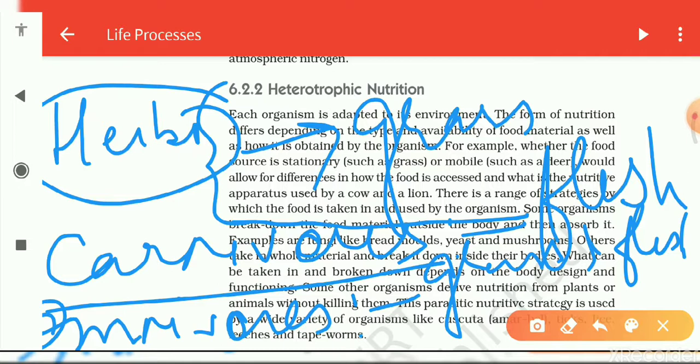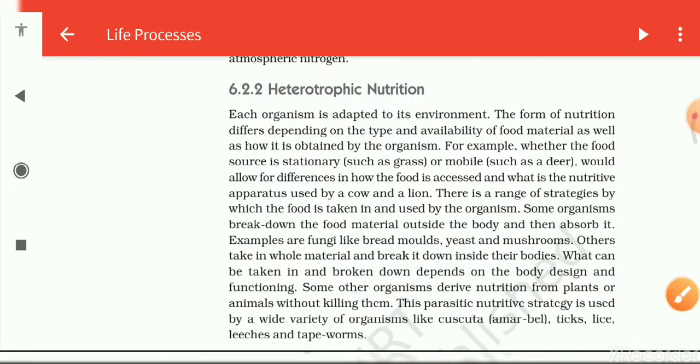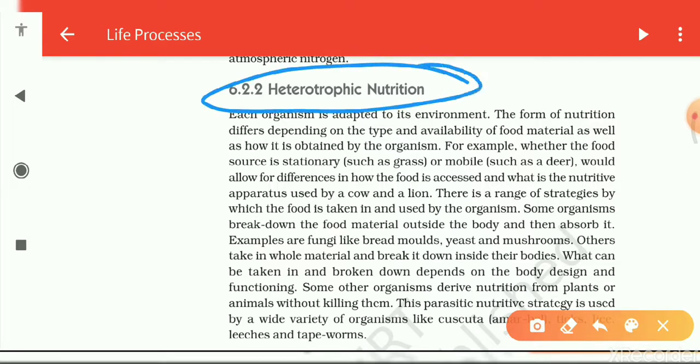And in this paragraph also, the definition of heterotrophic nutrition is not given clearly. But students, heterotrophic nutrition is that which I told you, in which organisms cannot make their own food. They always depend upon others for their food. Now the heterotrophic mode of nutrition is again divided into three parts.